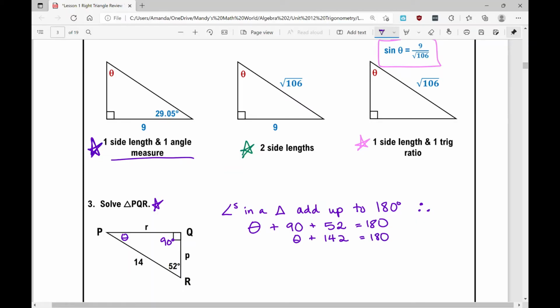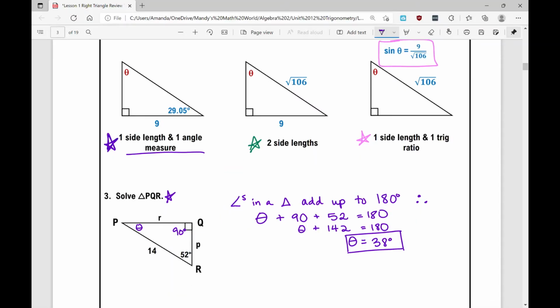And how do I solve for theta? Subtract 142 from both sides. So I get theta to be 180 minus 142, which is 38. So theta is 38 degrees. So we've already solved for one angle measure, the missing angle measure.